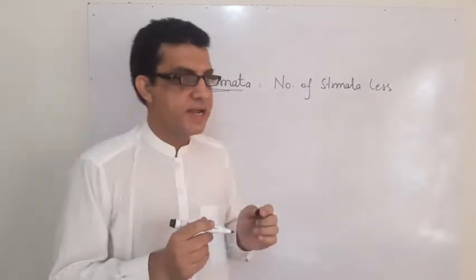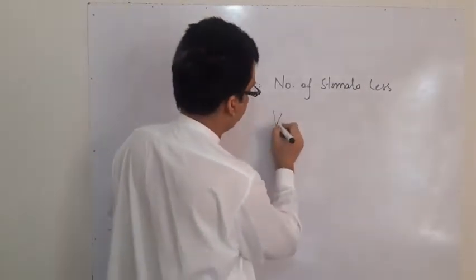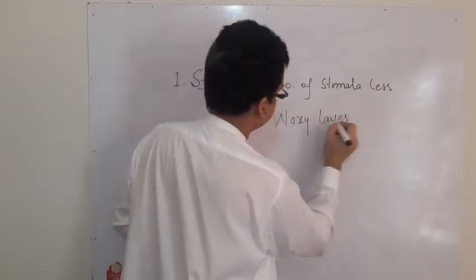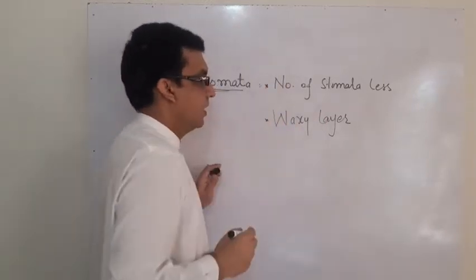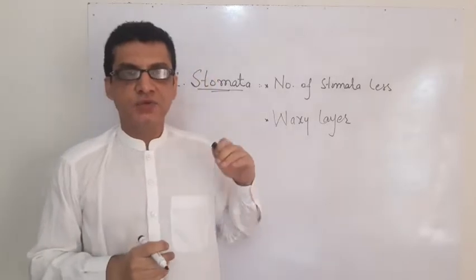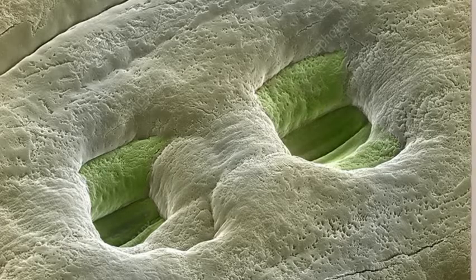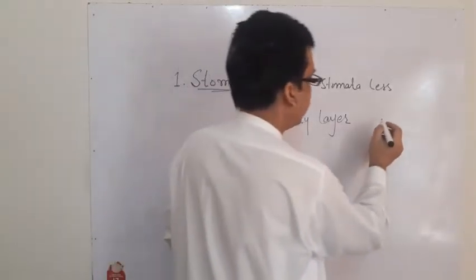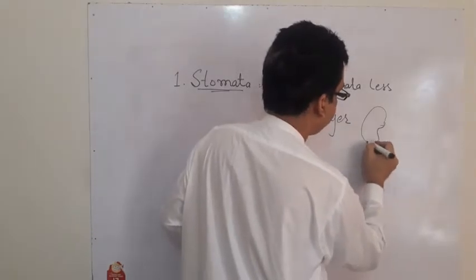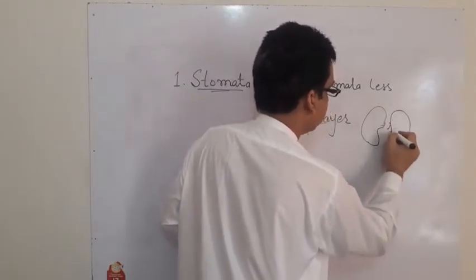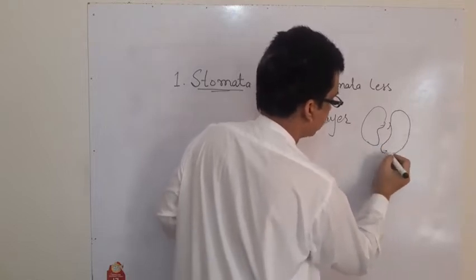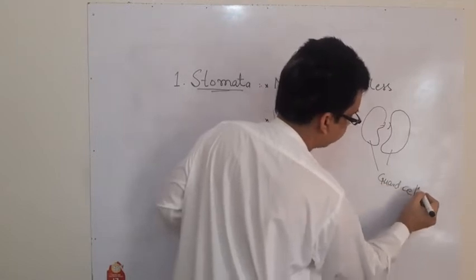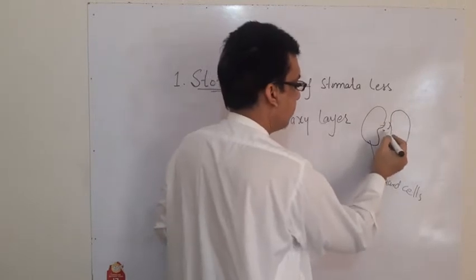The second one is a waxy layer. Around the stomata, as you can see in the diagram, there is a waxy layer. If this is the stomata, these are the two guard cells of the stomata, and this is the pore of the stomata.